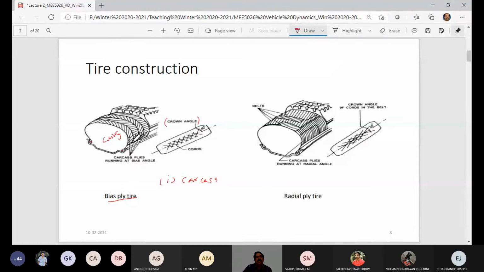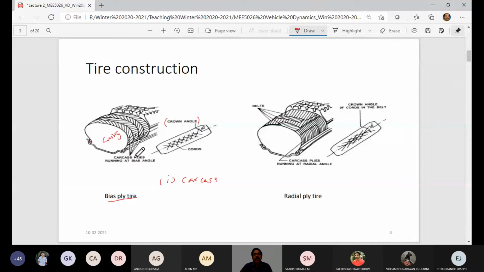In a similar fashion, these cords are under tension, especially on the sidewall. Those cords are hanging this entire rim, and in turn the rim is supported on the ground. So that is how you would have the necessary configuration of your tire during your vehicle motion, in an analogous way to a bicycle tire wheel assembly, right?